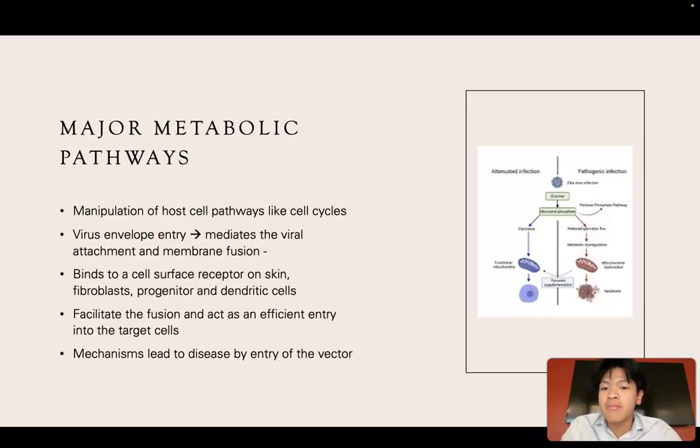That mechanism then binds to cell surface receptors on skin cells like fibroblasts, progenitor cells, and dendritic cells, and facilitates fusion and efficient entry into the target cells. And the replication and spread mechanism travels through the bloodstream and can ultimately affect the brain, placenta, and reproductive organs.